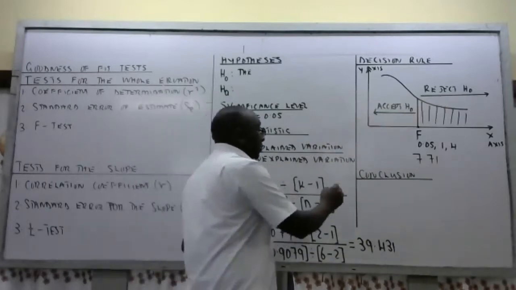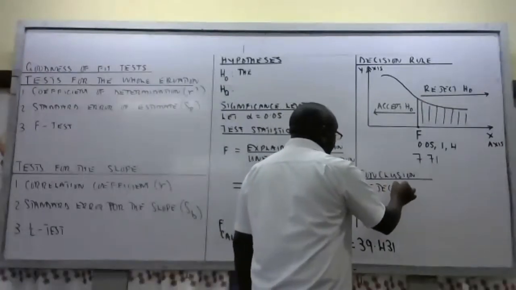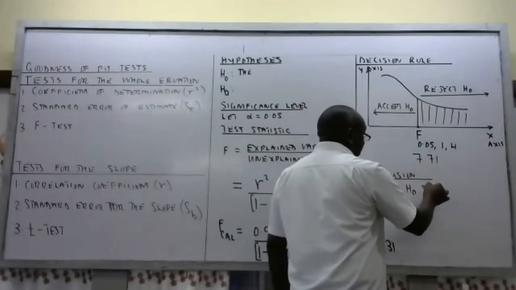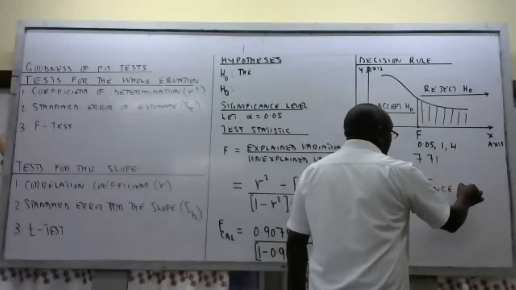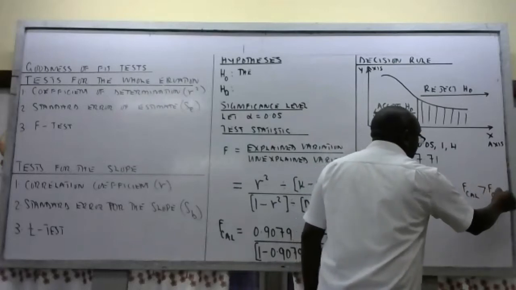So we will say, reject the null hypothesis since F calculated is greater than F critical.